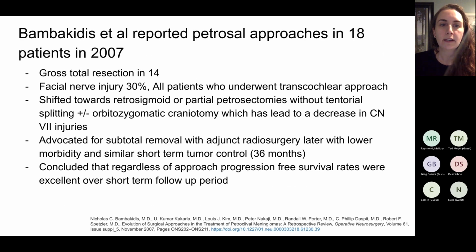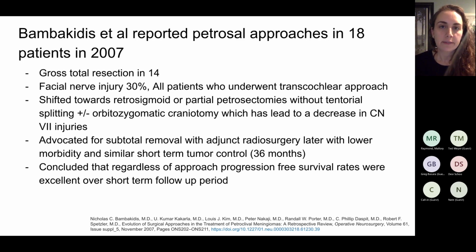There was another report of 18 patients in 2007 with gross total resection in 14. Obviously, as I mentioned, all that had the transcochlear approach had facial nerve injury because that's expected from that version.